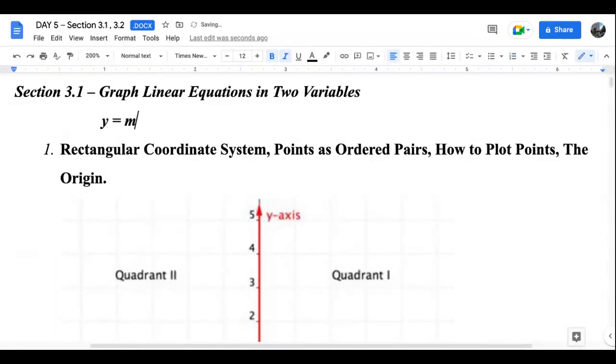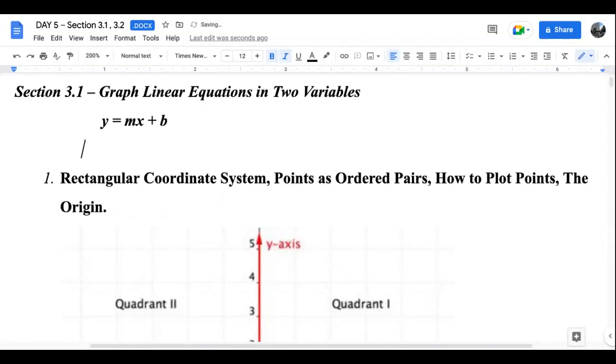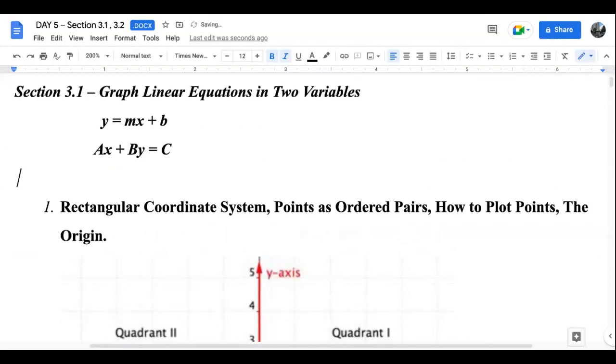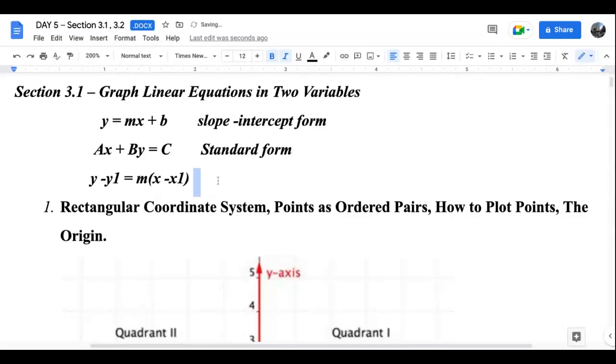There is y equals mx plus b, called the slope-intercept form. There is ax plus by equals c, called the standard form. And there is y minus y1 equals m times x minus x1, called the point-slope form.